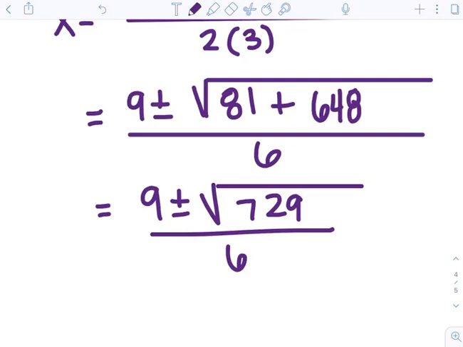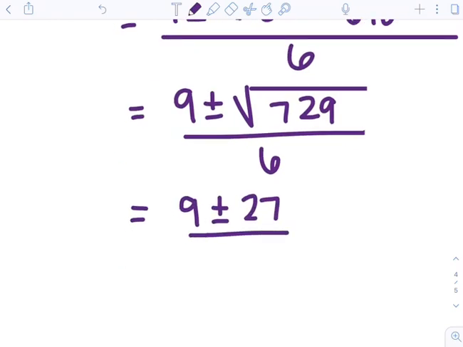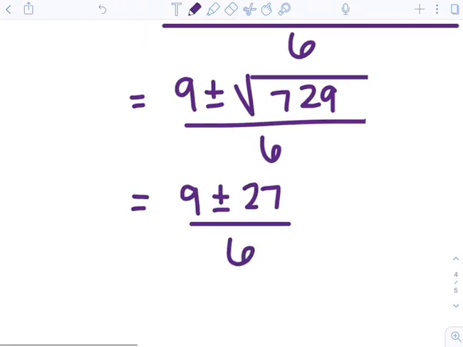Now, in your calculator, I want to make sure that my answer is as fully combined and simplified as it can be. So I'm going to see, is 729 a perfect square? I'm going to take the square root of 729, and I get 27. So it is a perfect square. So 9 plus or minus the square root of 729 is now 27 all over 6.